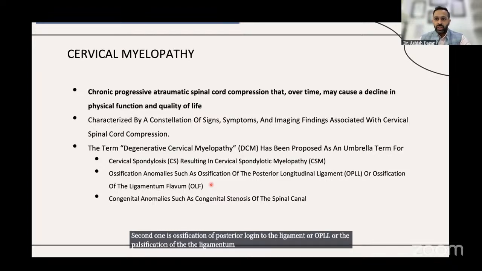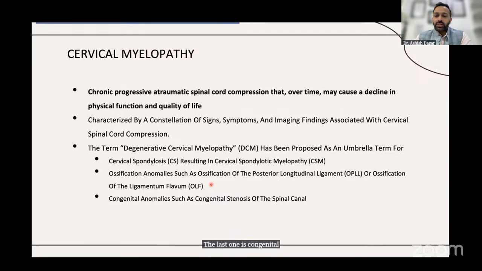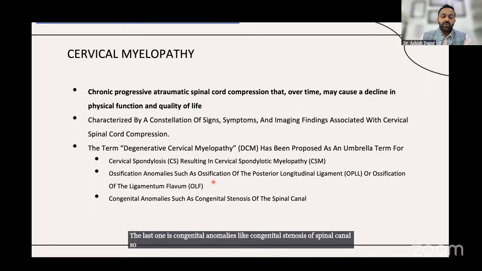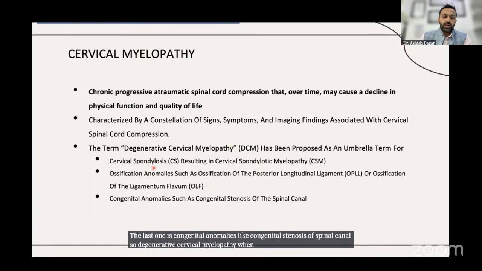This is also a type of degenerative disease, but it has some genetic predispositions also. The last one is congenital anomalies like congenital stenosis of the spinal canal. So when we use this term, it will include all these three things.